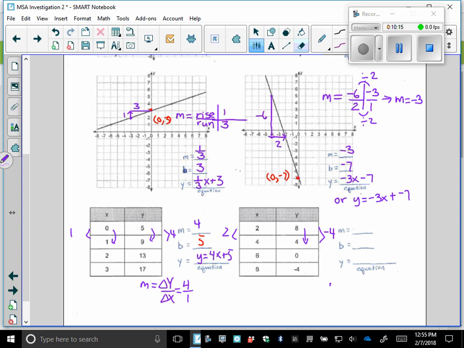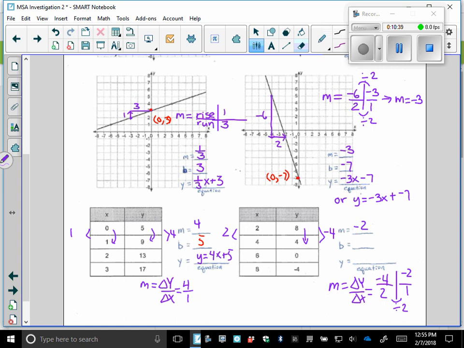So my slope, change in y over change in x is a drop of 4 to a change of 2. When I divide by 2, I get negative 2 over 1, so my slope is negative 2.